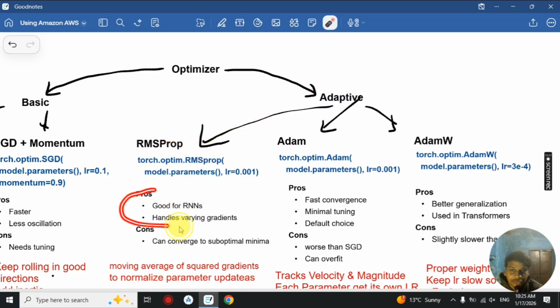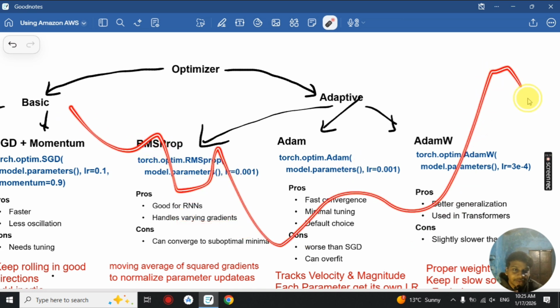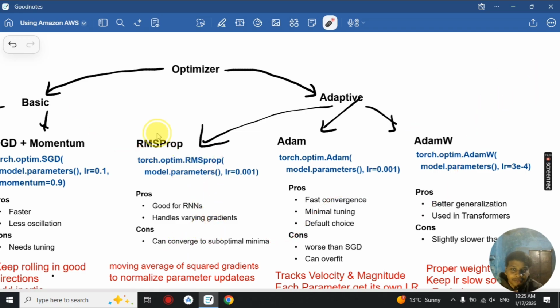It is good for our RNNs, our LSTM and our GRU, and it handles varying gradients, okay. So with varying gradients, our RMS propagation optimizer is very useful. Also it can converge to a suboptimal minima, okay.